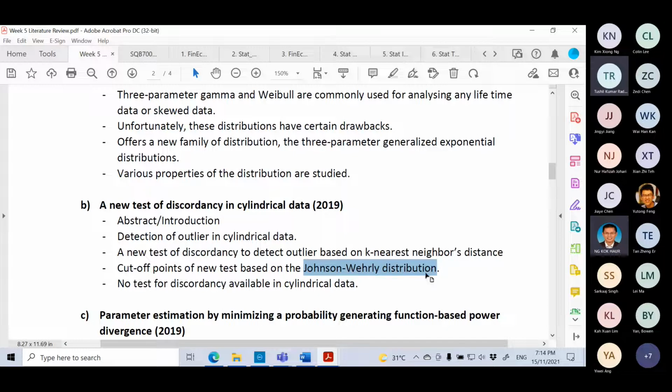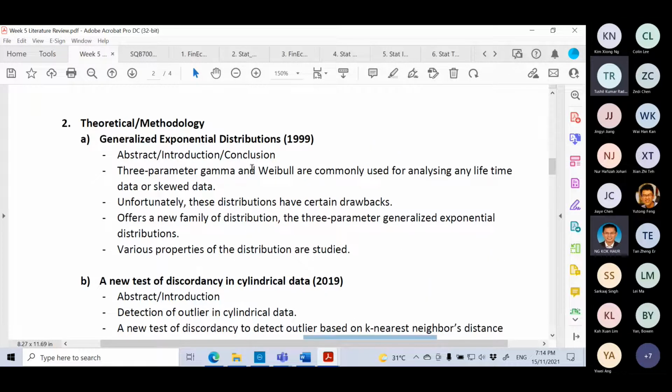Unless this distribution is very flexible or general, otherwise I may think about it: can I propose the cutoff point for the new test based on another distribution that is more general than the Johnson and Wehrly distribution? Okay, but I'm not working in this area, so I do not know.